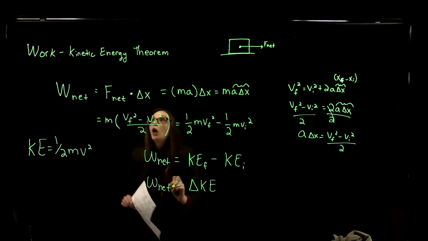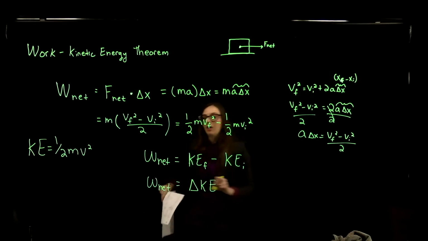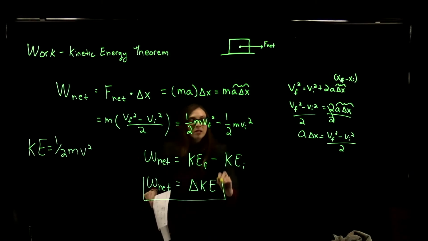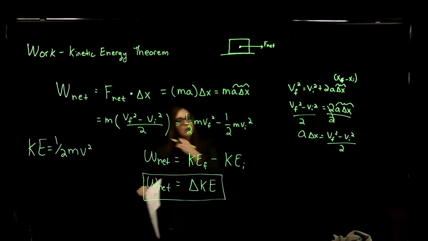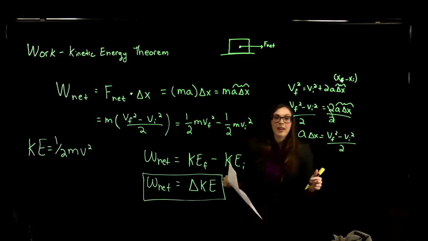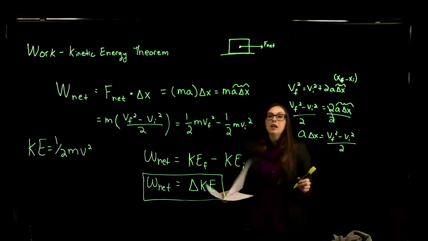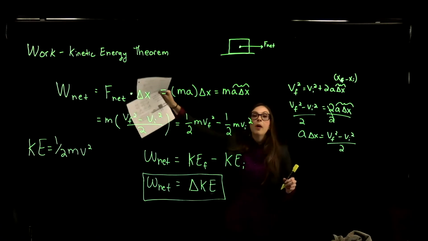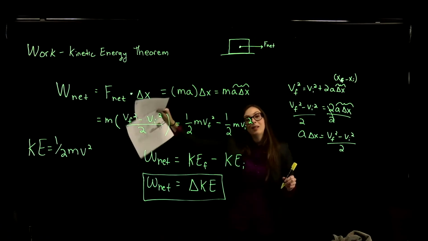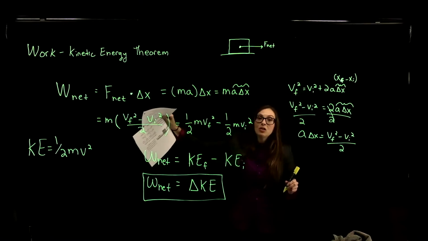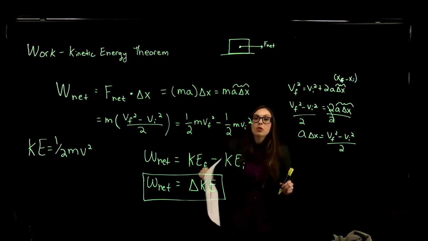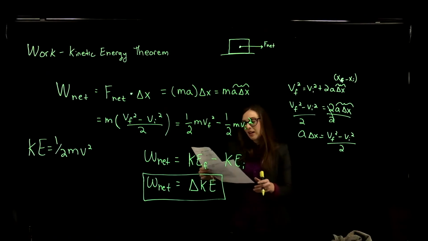This is our work-kinetic energy theorem: the net work done on the system is also equal to the change in kinetic energy. The net work done on a system is still equal to F net, the net force applied, times our change in position, but it's also equal to your change in kinetic energy.